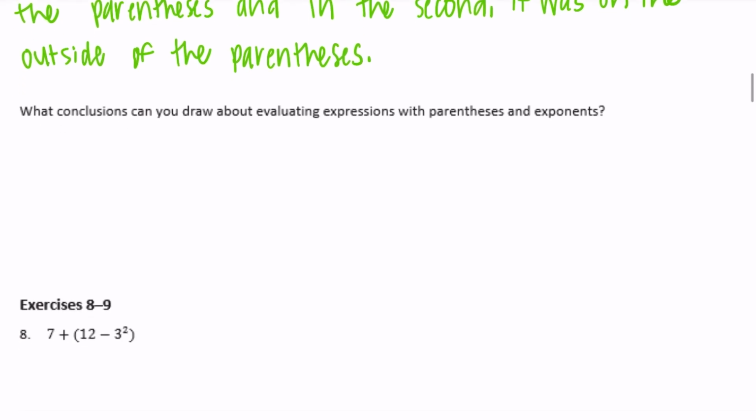What conclusions can you draw about evaluating expressions with parentheses and exponents?